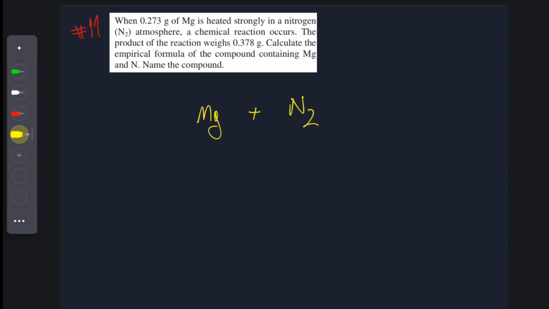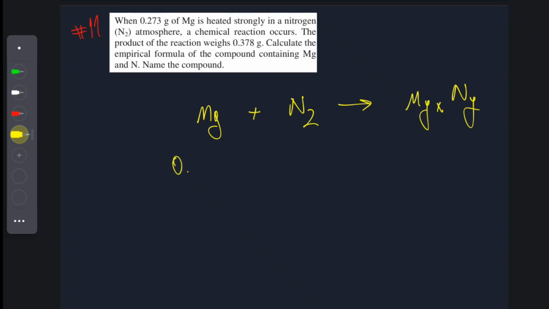The weight of the product of the reaction is about 0.378 grams, so we produce something, but we don't know its formula. And the question says to calculate the empirical formula.